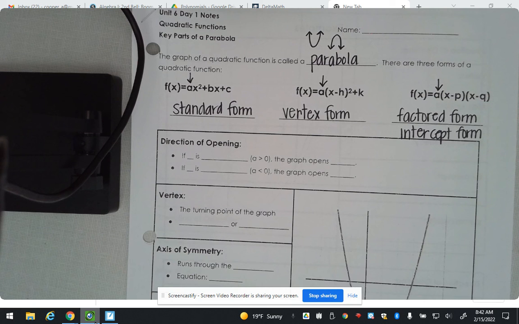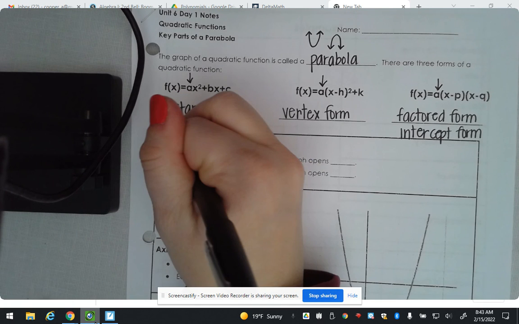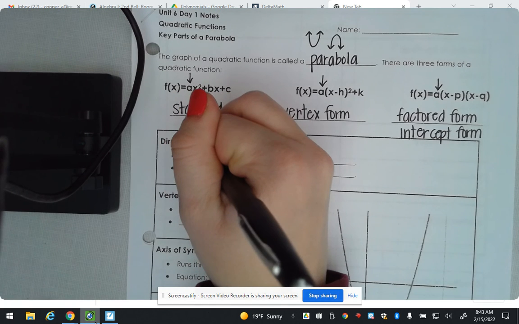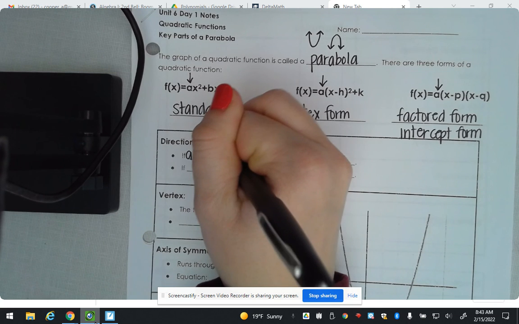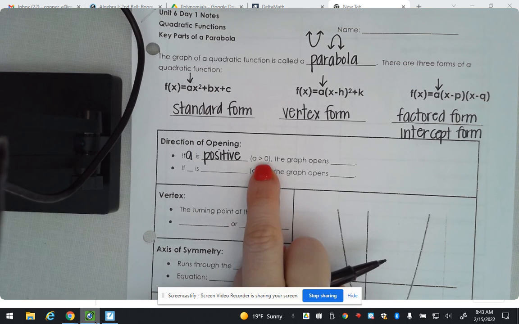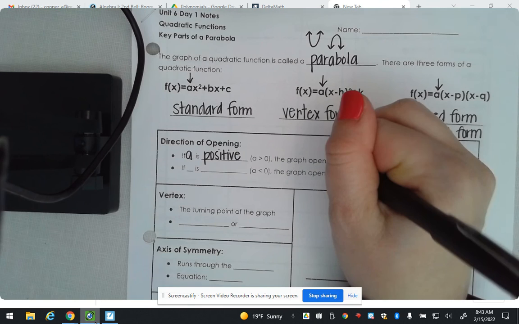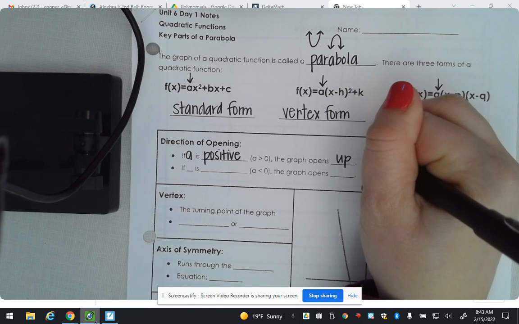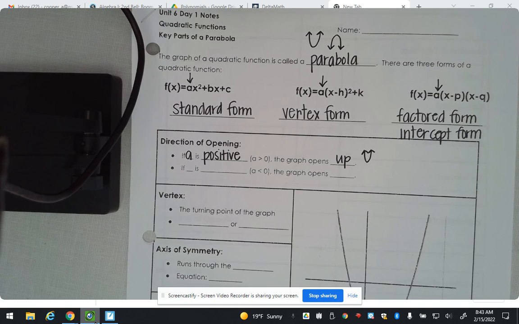That a is really important because just based off that a, you can tell if the graph opens up, so it's a happy face, or if it opens down, which is a sad face. Okay? So if a is positive, so if it's greater than 0, my graph opens up. I usually think positive means you're happy. Happy, you're going to smile.